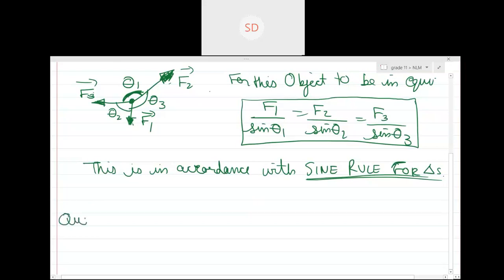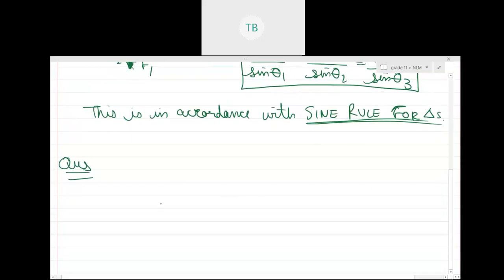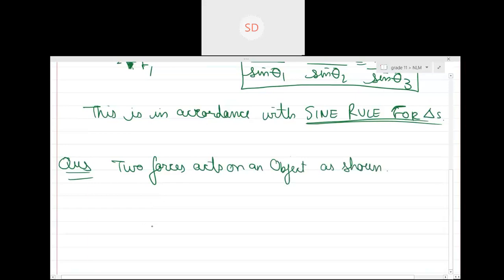I'll give you one question. Two forces act on an object as shown. So basically there is this object and there are two forces acting on it. This is F1 which is 6 Newton and this is F2 which is, let's say, 8 Newton.